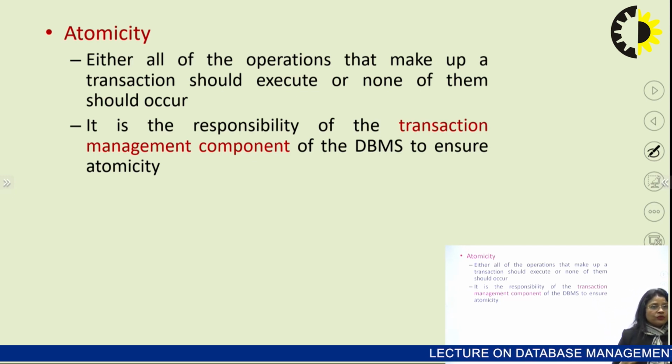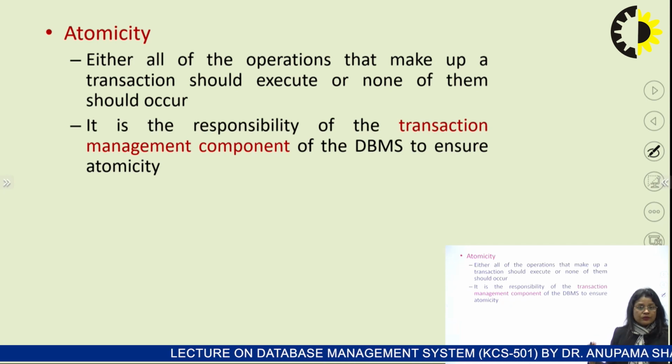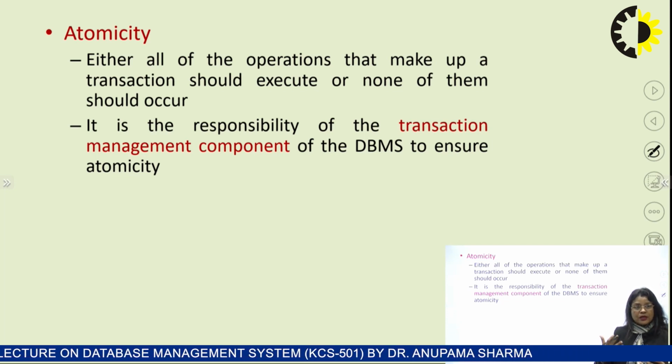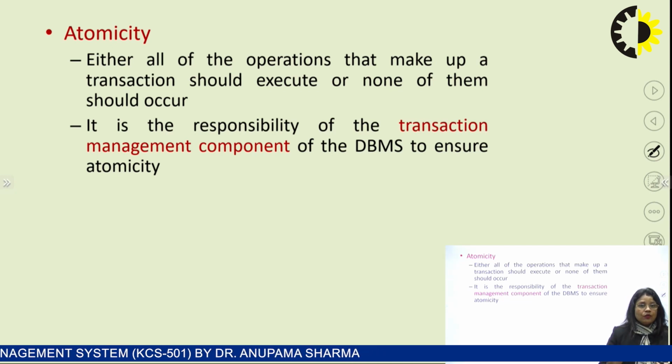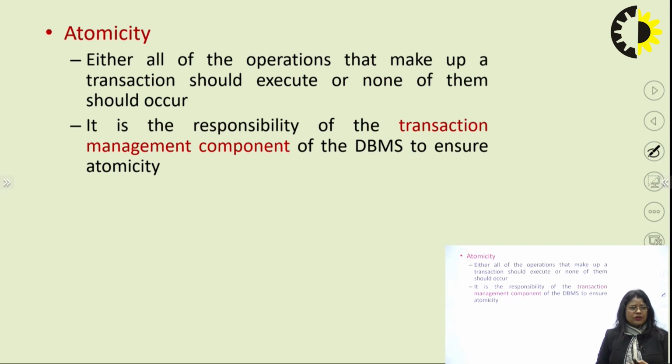Either all of the operations that make up a transaction should execute, or none of them should occur. None or whole. If operations are not executed properly, some failure is there, so all should be reverted back. This is the responsibility of the transaction management component of the DBMS to ensure atomicity, right?